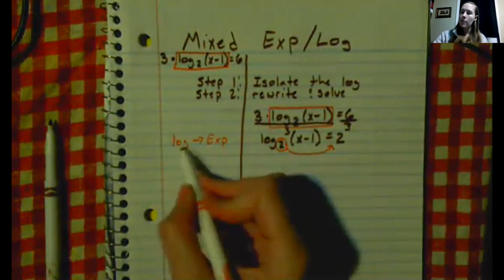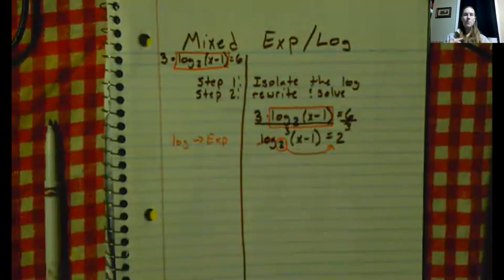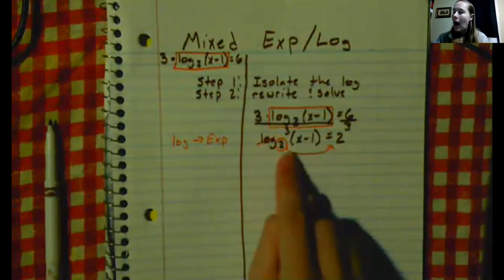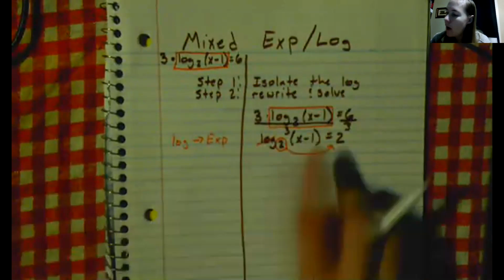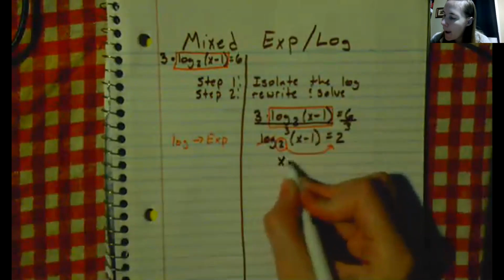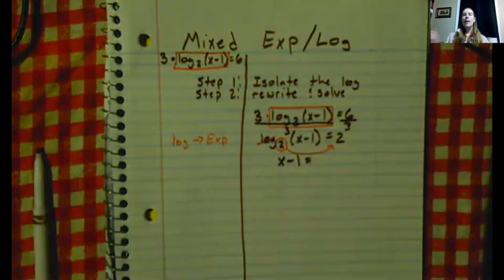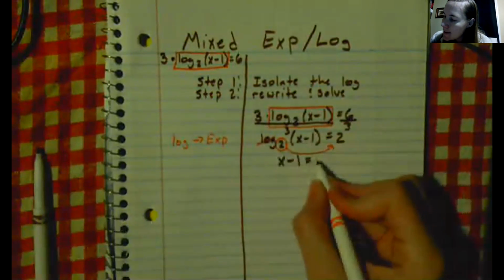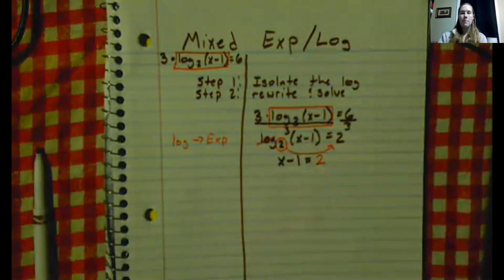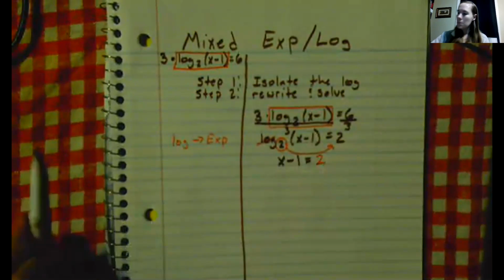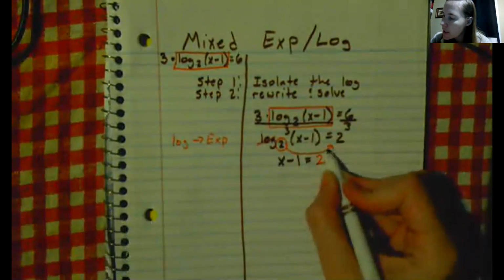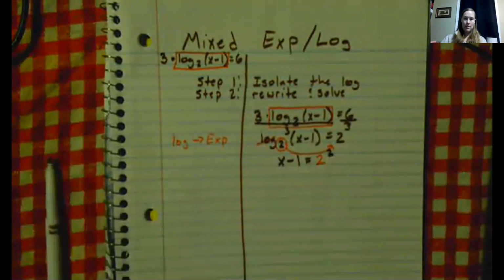Because we're changing it from log to exponential, my log will fall. So the log disappears, I'm moving my 2, and I have x minus 1 left on this side. Then my base stays my base, so it becomes my bottom. And whatever was left over here becomes my exponent.